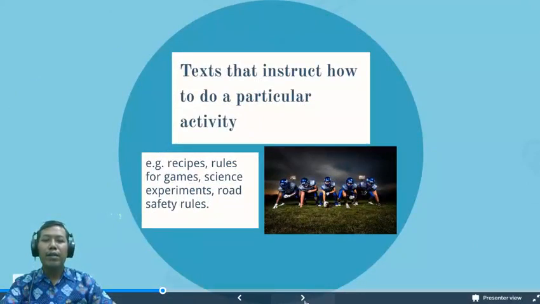For example, in recipes, when you are going to make any kind of food or blend your drink, when you are going to cook delicious food, you are going to follow particular steps, and the steps must be done orderly. First, second, third, that is it.